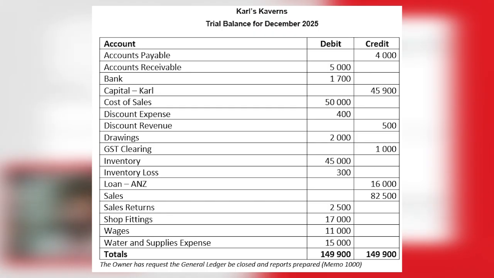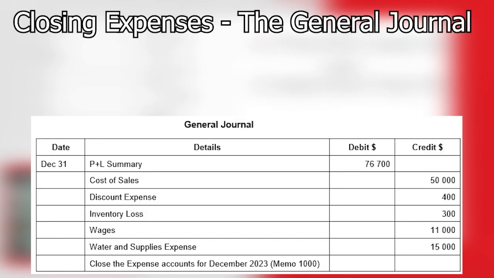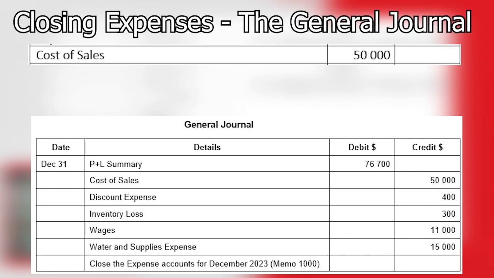And now we're going to highlight the expenses here. So we've got cost of sales, discount expense, inventory loss, wages, water and supplies expenses as our expenses. And we see here, for example, cost of sales is 50,000 on the debit side. So obviously we need to make that 0 as well.